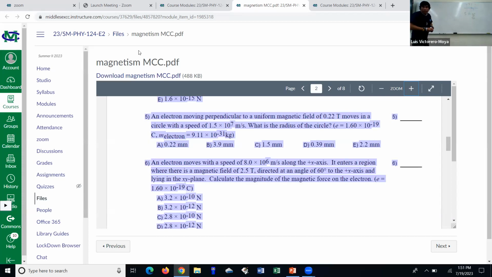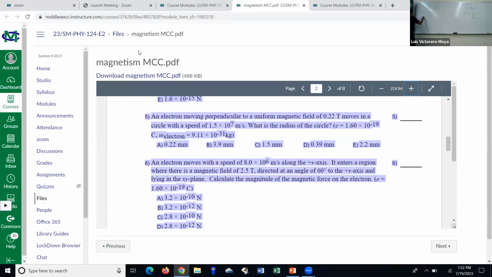So the equation for that problem is R equals mv over qB. So if we write the data, the magnetic field is 0.22 Teslas.